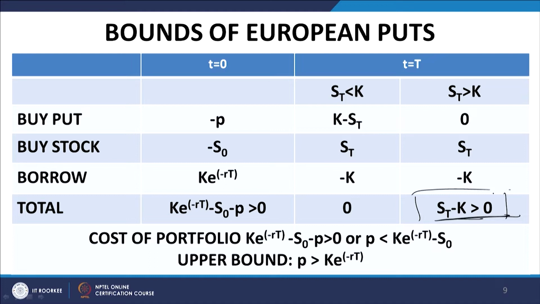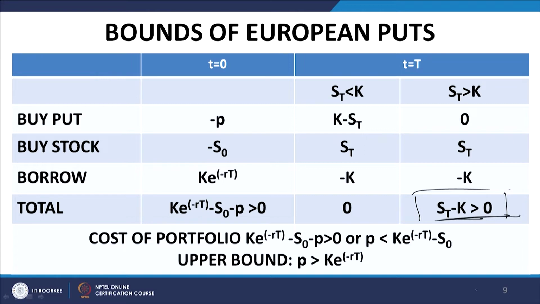Again, applying the same logic that we did in the previous case, we have a situation where there is a portfolio that is giving you a payoff of 0 in one state and a positive payoff in the other state.